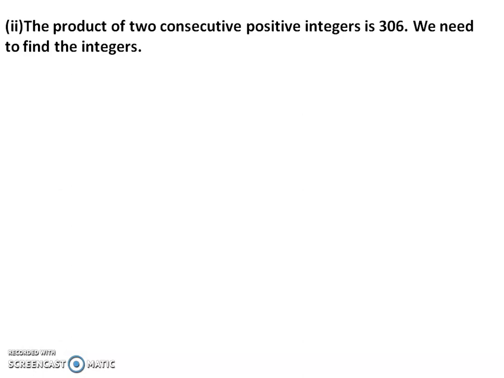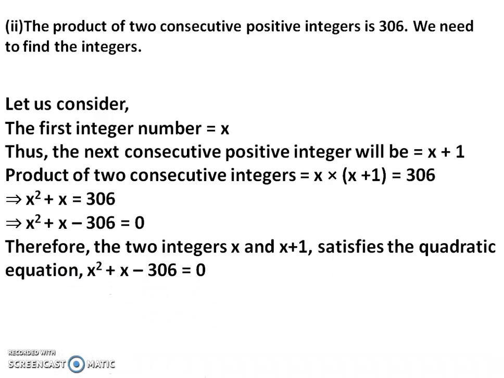The next consecutive positive integer will be x plus 1. Product is multiplication. So when you multiply two consecutive positive integers, you are getting 306. You can mathematically write it as x into x plus 1 equal to 306.